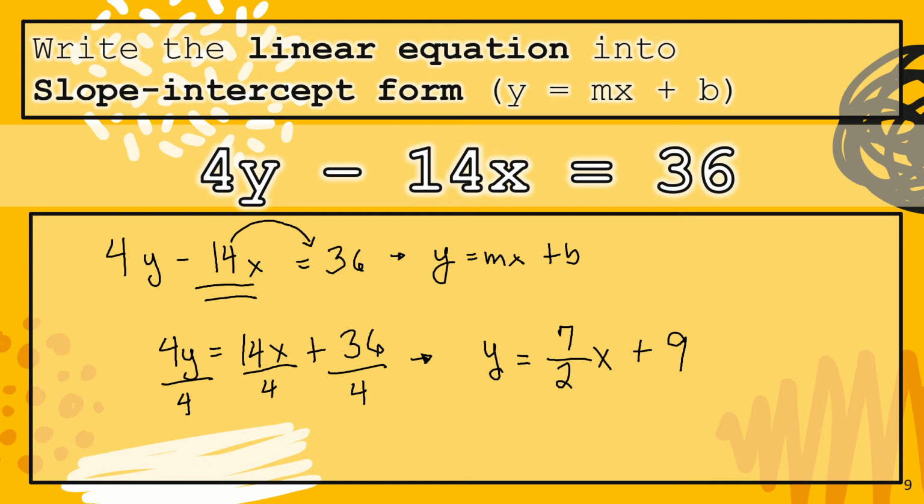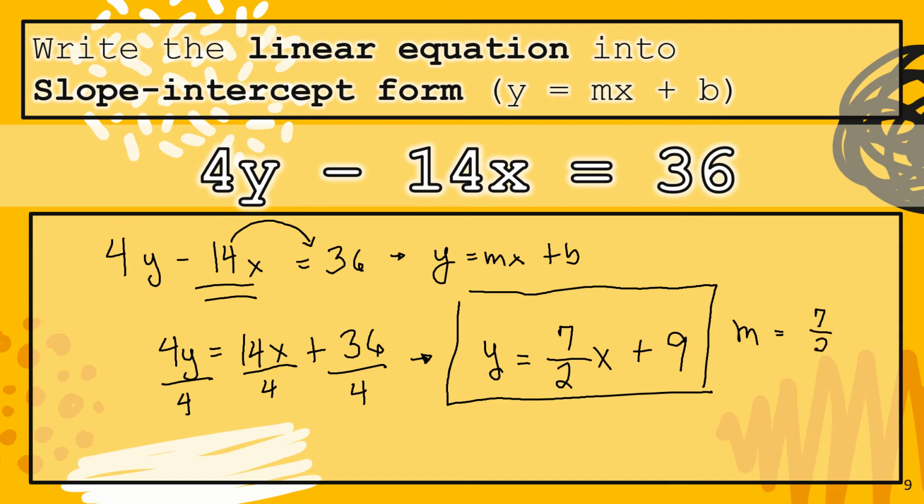Therefore, the slope-intercept form is y equals 7 over 2 x plus 9, where the value of the slope is 7 over 2 and the value of your y-intercept is positive 9. Is that clear, class?